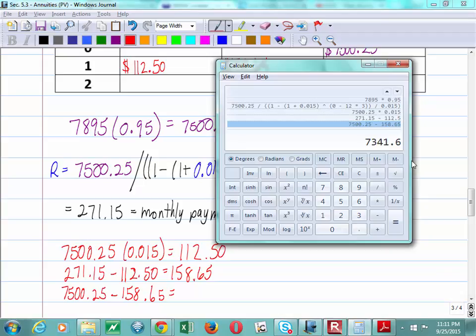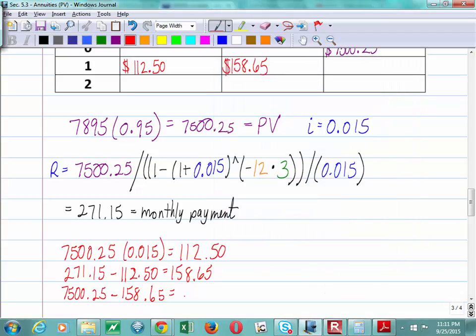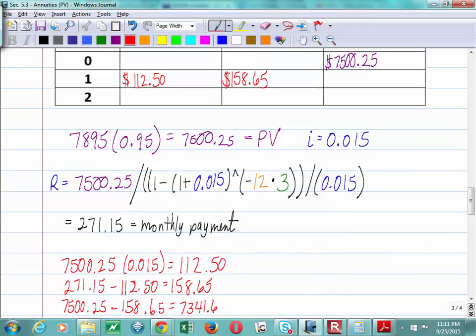So that gives me 7341.6. So that's the first payment.